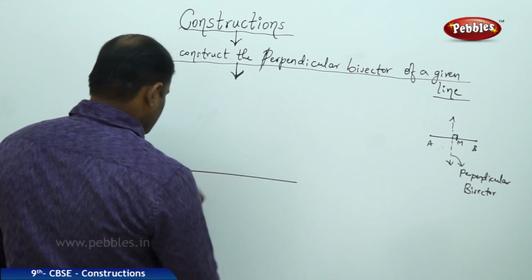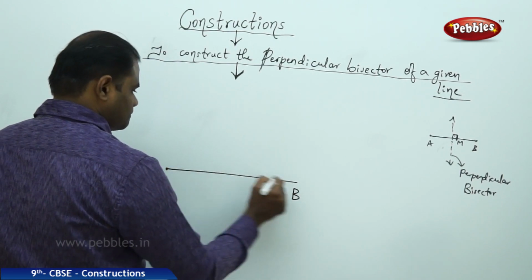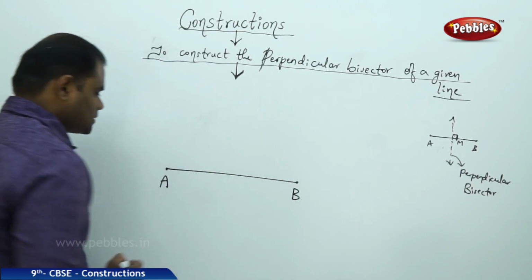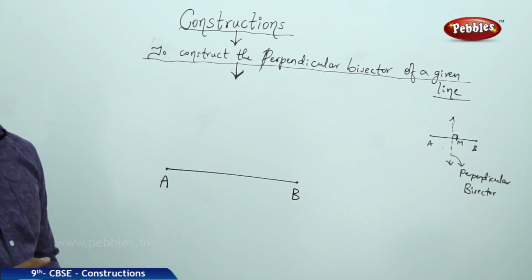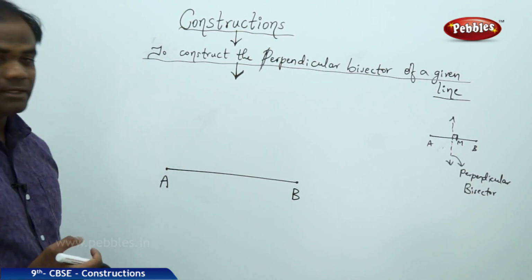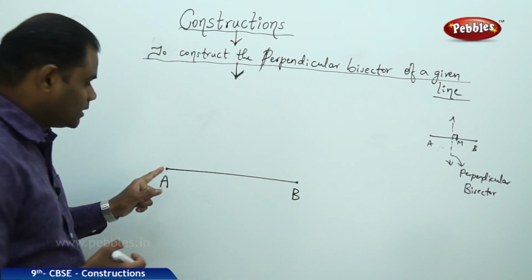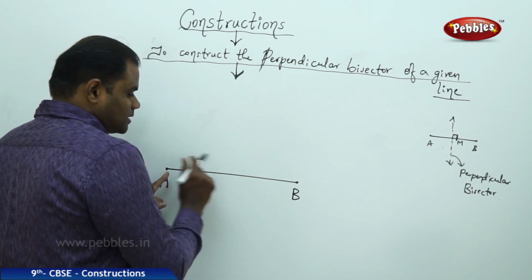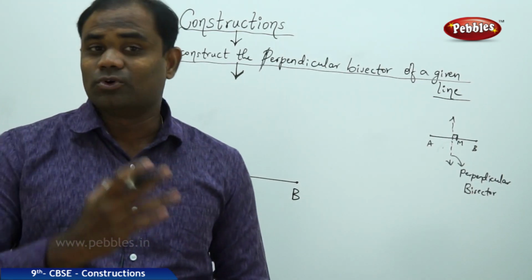I have a line AB which is given with its endpoints A and B. Now let's see how we can draw the perpendicular bisector. The first rule is I take the compass at point A and, fixing the radius, I take the precaution that the radius is more than half.